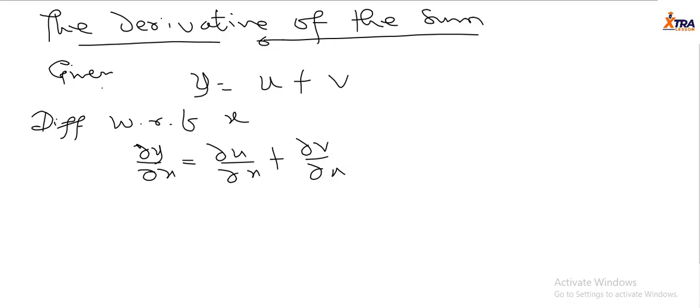It means once you have combinations of expressions, you have to differentiate each one of them separately, that is one by one. So let's look at a question.